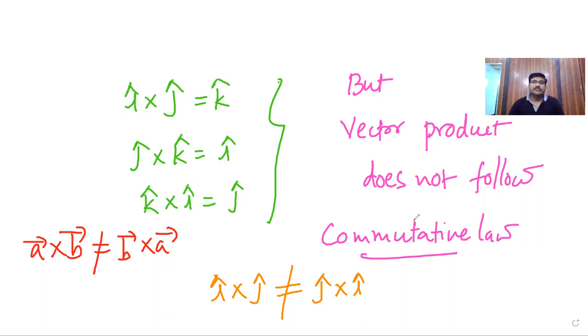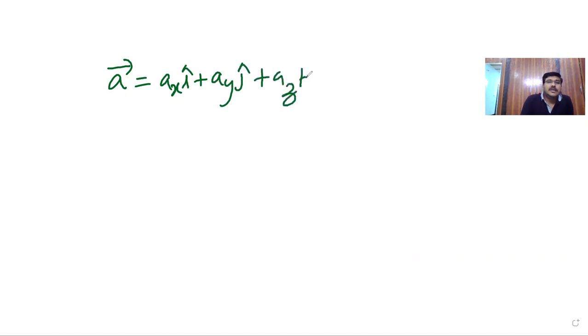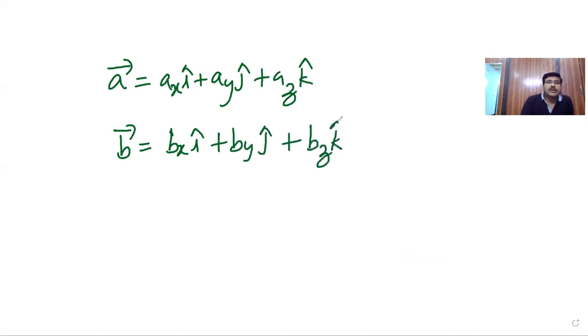Now, let us take up the cross product of two vectors. One vector I have taken, A bar is AX I bar, AY J bar, AZ K bar. Another vector I have taken, BX I bar, BY J bar, plus BZ K bar.